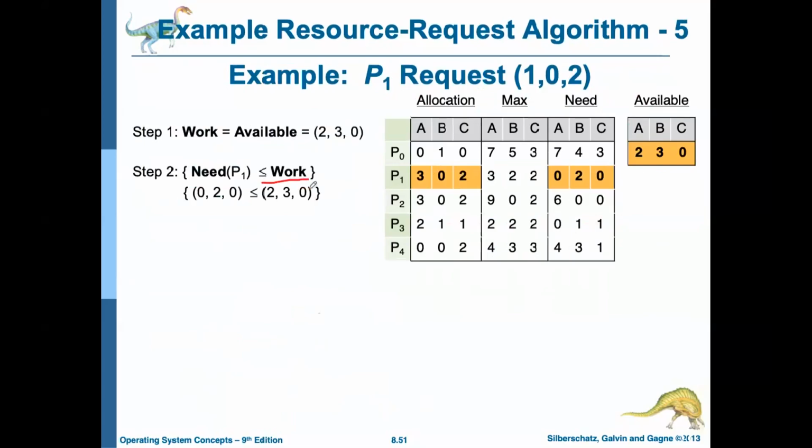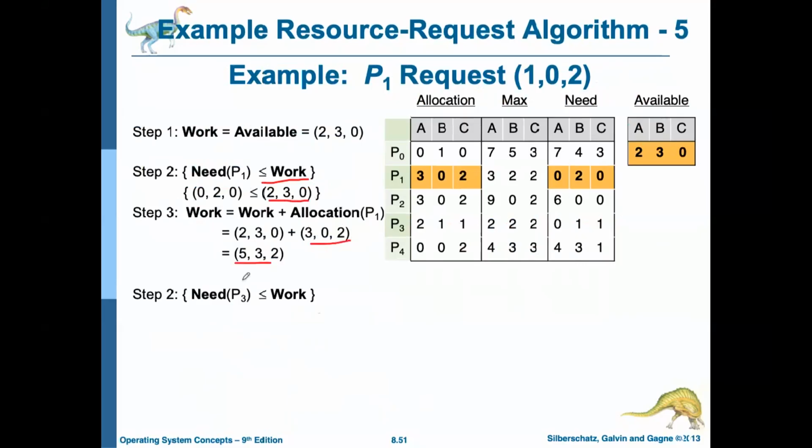P1 is 020 now. Is it true or false? The answer is true. So start allocate: 230 is the work, and allocation is 302 now, so the new value for the work is 532, and then we go to step 3.